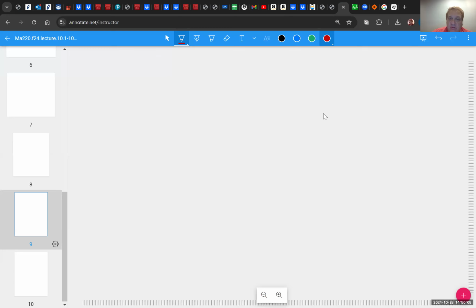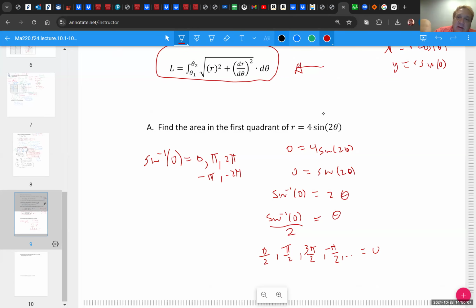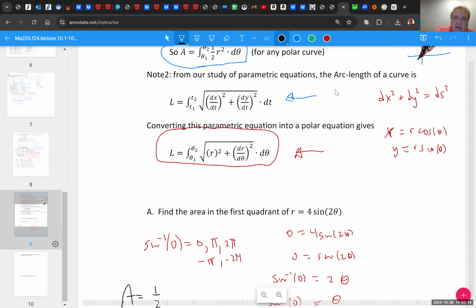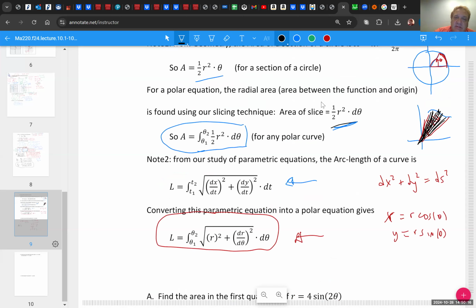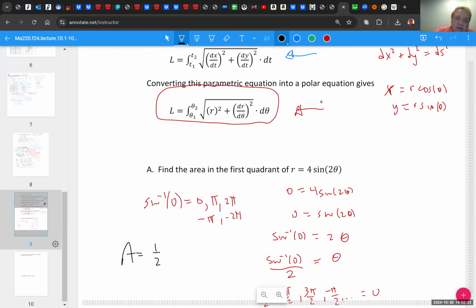All right, so now I'm going to be able to calculate my area. If you remember the formula for area, I'll go up here and remind you. The formula for area is the integral from theta 1 to theta 2 of 1/2 r squared d theta.